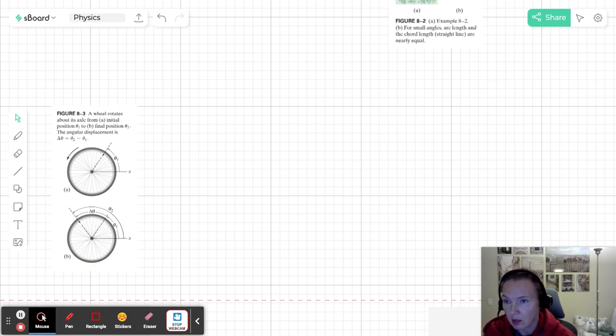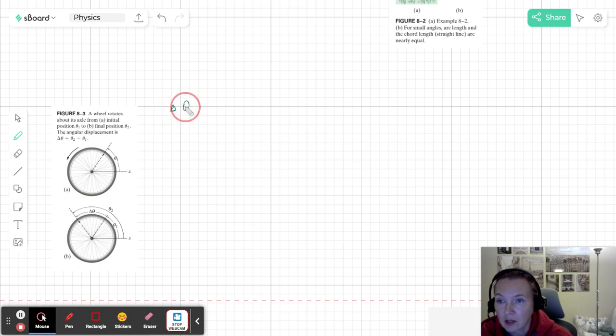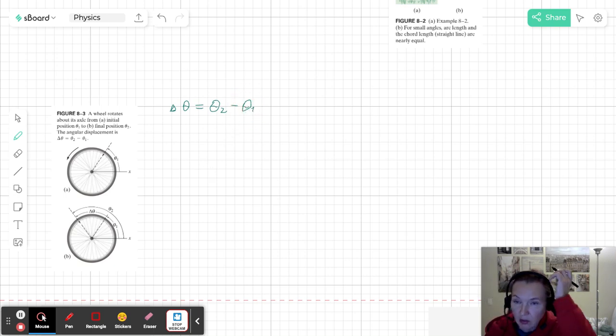An object like a bicycle wheel, for example, rotates from some initial position we specified by theta 1 to another position, theta 2. So the angular displacement is going to be delta theta over here. Delta theta is theta 2 minus theta 1. All right, so that is the angular displacement.